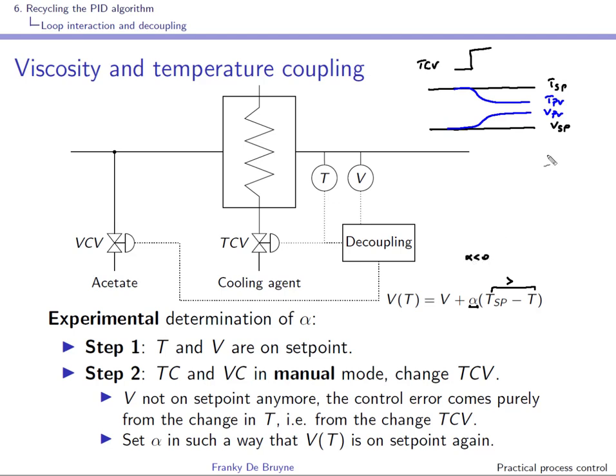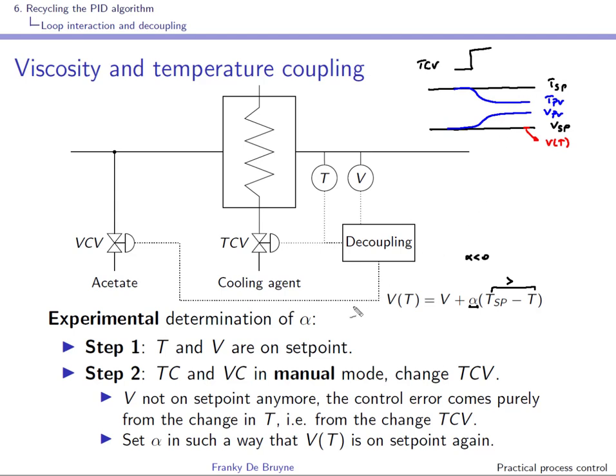So we adjust alpha in such a way that the virtual viscosity, this one over here, is on set point again. So this virtual viscosity is the viscosity that you would have once this temperature is on set point again.